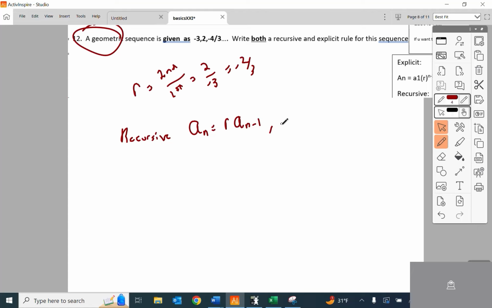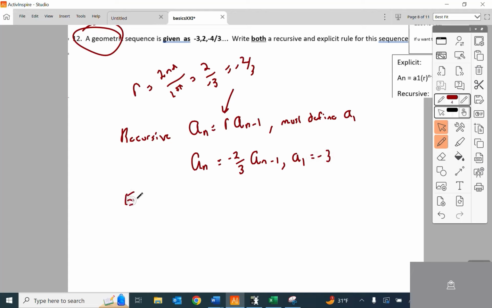And, of course, you must define a sub 1. So let's just do that. The nth term is -2 thirds of a sub n minus 1. And the first term is -3.